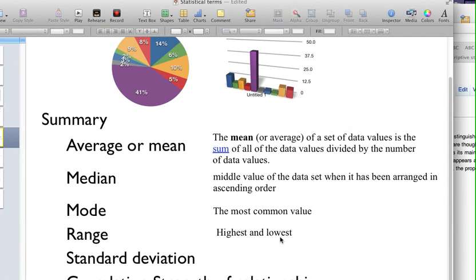So if you'd say the range of heights of the male population in Australia, it ranges from the lowest, which would be a person with dwarfism, might be, I don't know, say 100 centimetres, to the highest, which would be maybe 220 centimetres. That would simply be the lowest and the highest, which would give you the range of height. And that could be useful if you want to make doors that everybody can get through. You need to know the range.